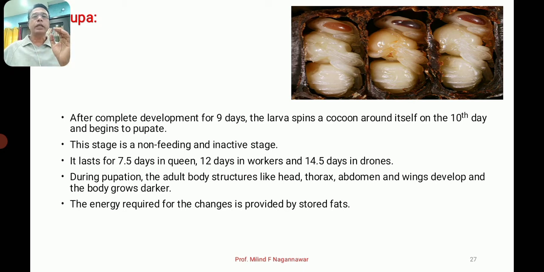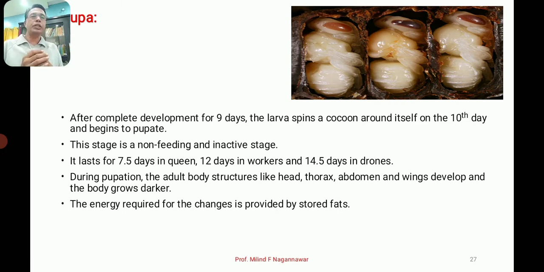Then for the larval period, queen 5 to 5.5 days, worker 6 days and the drones 6.5 days. Same way for the pupa stage, it will last 7.5 days for the queen, then 12 days for the worker and 14.5 days for the drones.